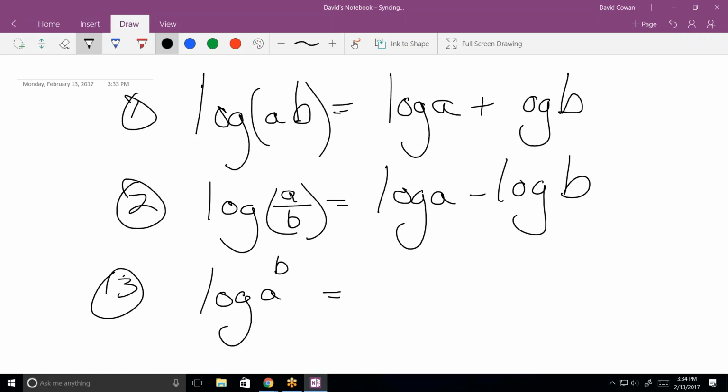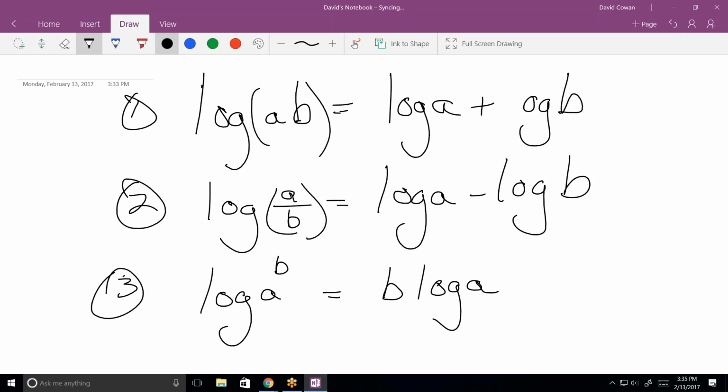Log a times log b. No. What it allows you to do is to take that exponent and put it on the algebra line. In other words, that becomes this. And all three of these rules are only true, of course, if the bases are the same.